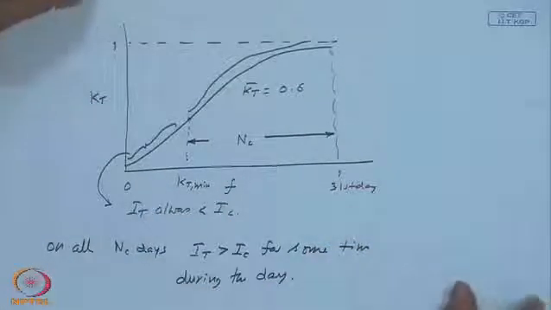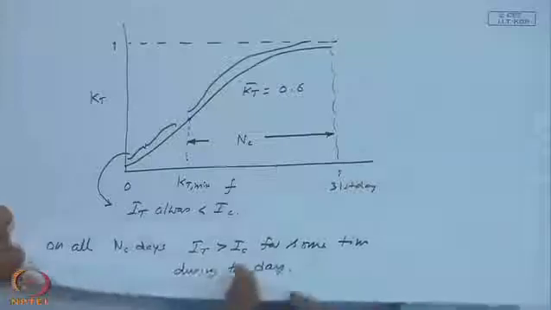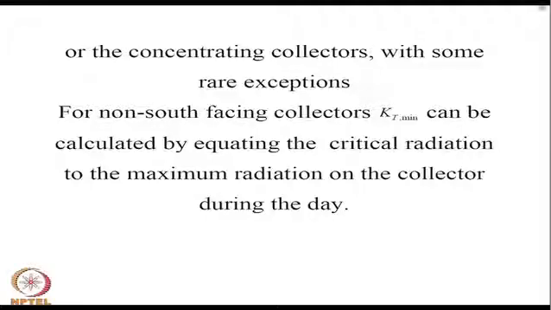In identifying KT minimum, I set the maximum radiation instead of the noontime radiation, because it can take care, in principle, of a non-south facing surface as well as concentrating collectors. Concentrating collectors, by the way, are most of the time symmetric and the maximum occurs at the solar noontime only, except in the third mode of tracking, where the radiation at noontime may be lower than at some other time, because of that becoming almost a horizontal aperture at the noontime. So, we identify this KT min.